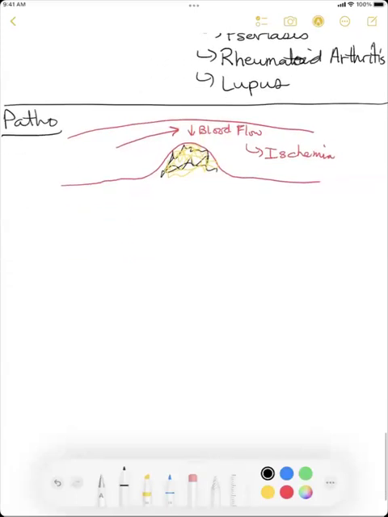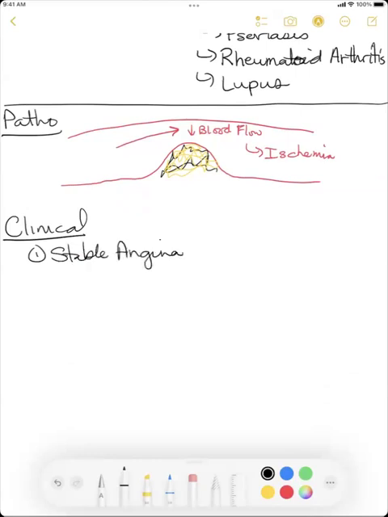So when we look at the clinical side of things, we're going to start with chronic ischemic heart disease, specifically stable angina. What's happening in stable angina is that you have your blood vessel.